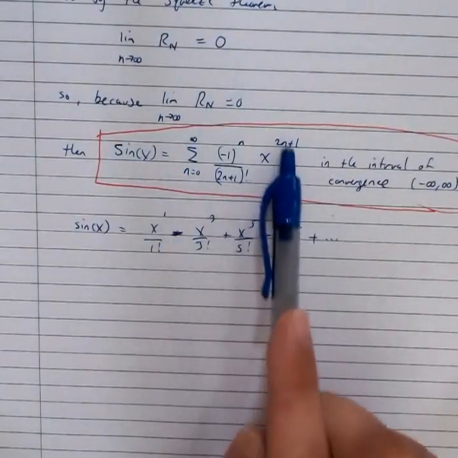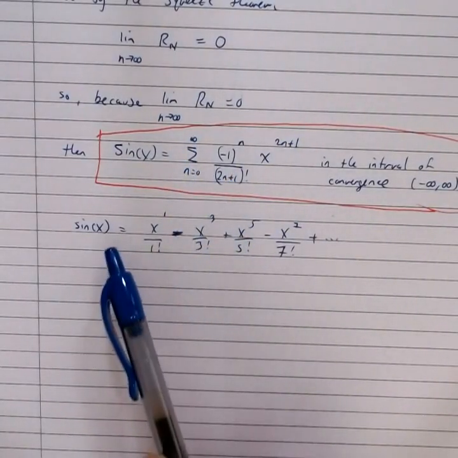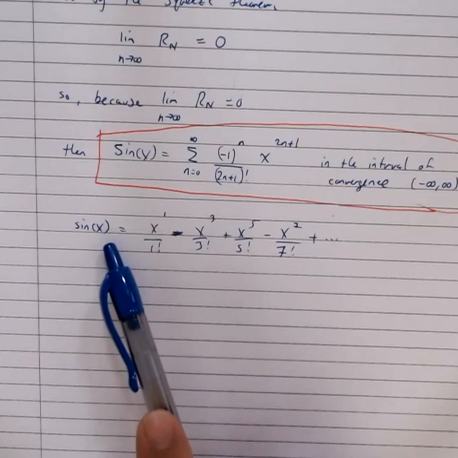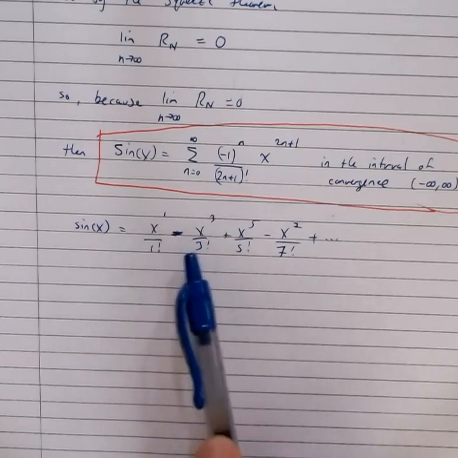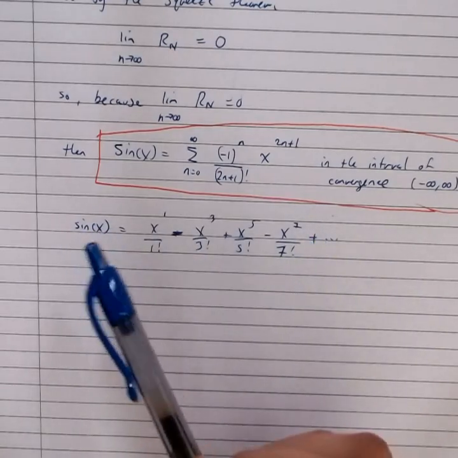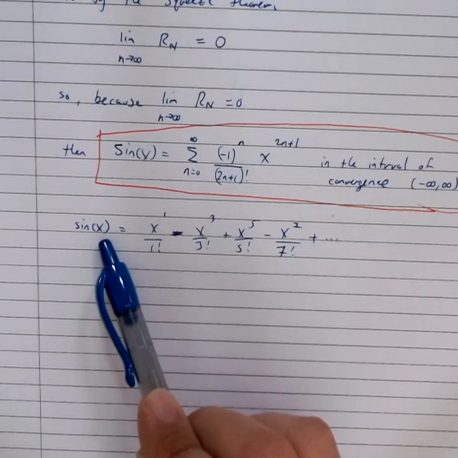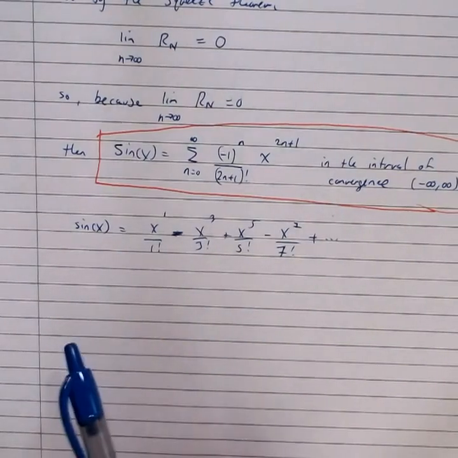But this is just an infinitely long polynomial with an infinite number of terms. So I'm going to abuse the notation here a bit, because when we say polynomial, we mean a polynomial of a certain degree. Usually polynomials end. So here I'm abusing my language a little bit, but in essence, the sine of x is a polynomial. It just happens to be a really long polynomial.